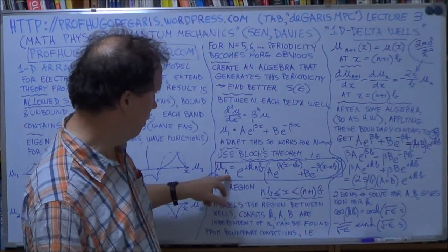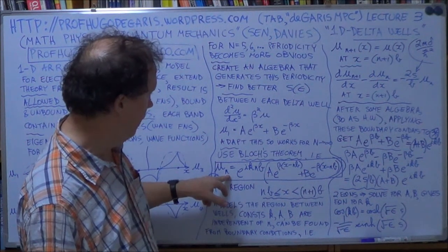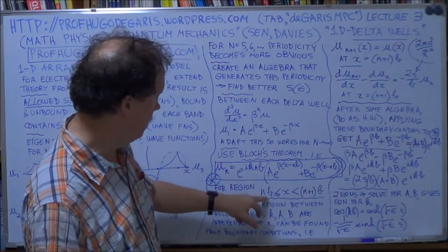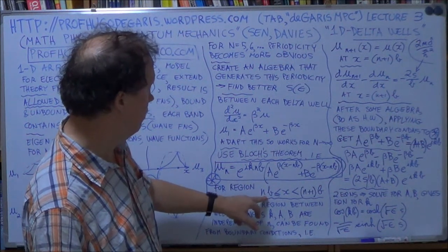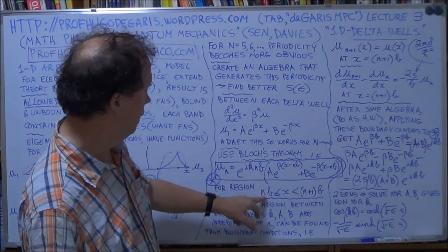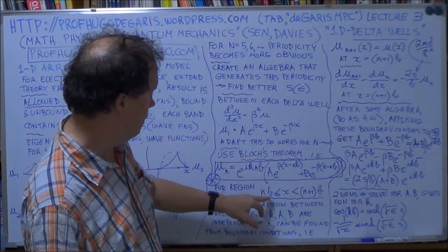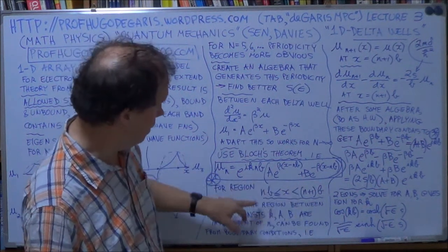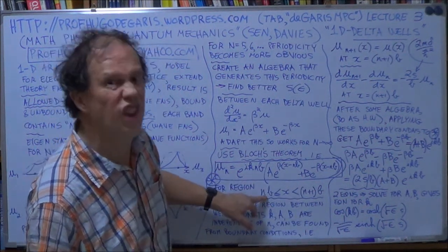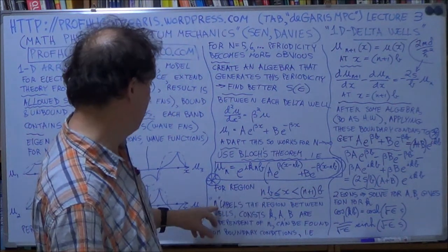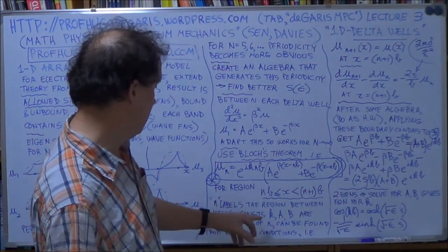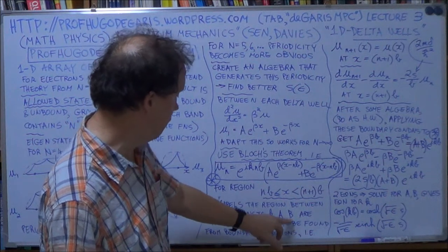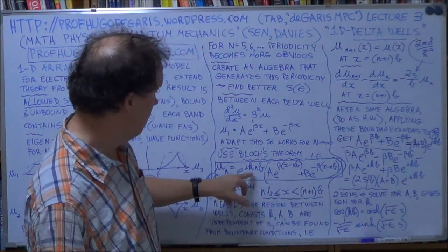Now wait a minute, I've got to be careful here. Is this n here the total number of wells, or is it just the nth? I guess it's just the nth. Looking at this, little n here is just the nth delta well. Okay, so you've now got three constants: a, b, and k.